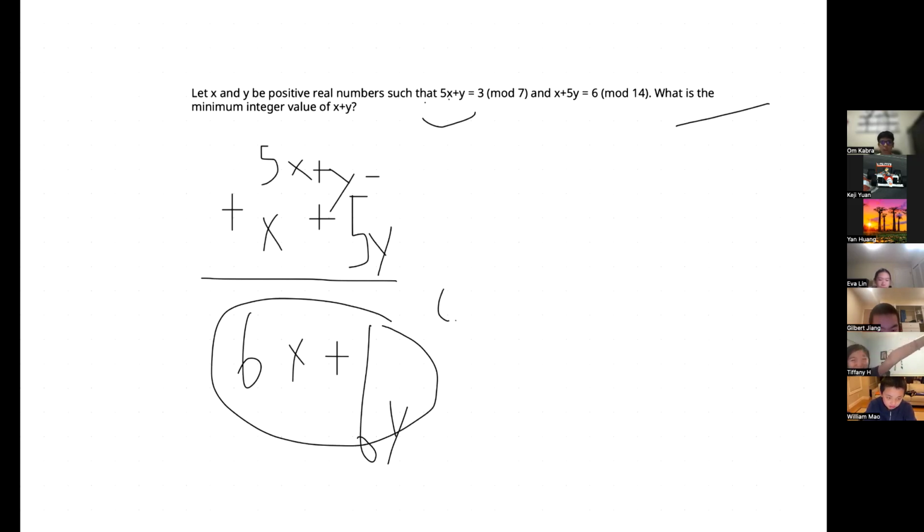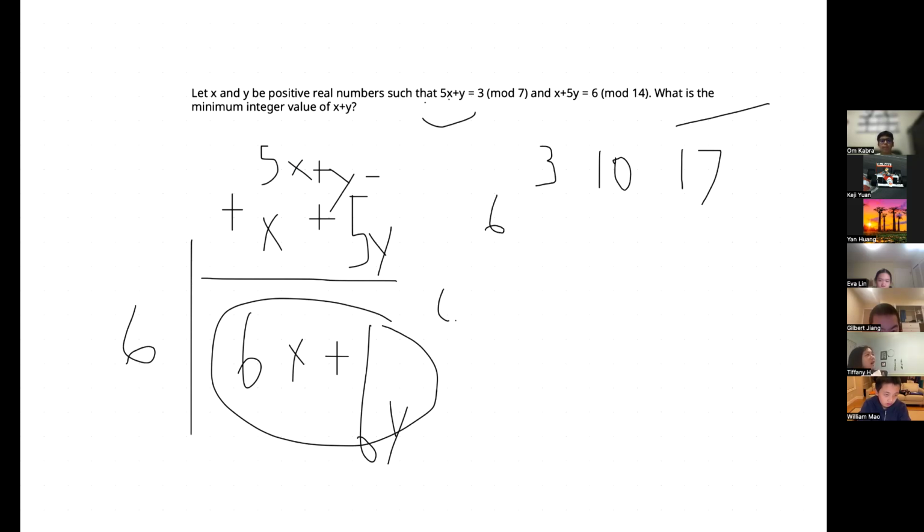For the first one, the first few values are 3, 10, and 17. And for x plus 5y, we have 6, 20, and 34.